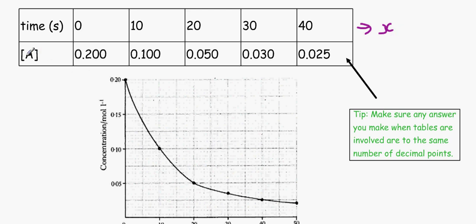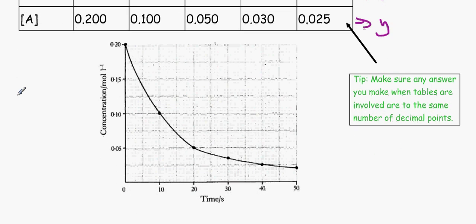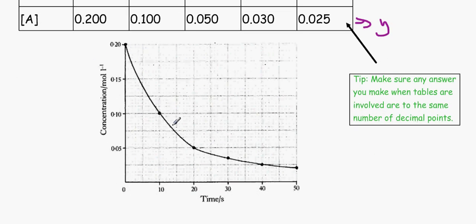And the concentration of A will be plotted on the y-axis, because this is the dependent variable. This is what we're measuring. This is how it would look if we put it on a graph. We can see that the concentration of this is halving after every 10 seconds.